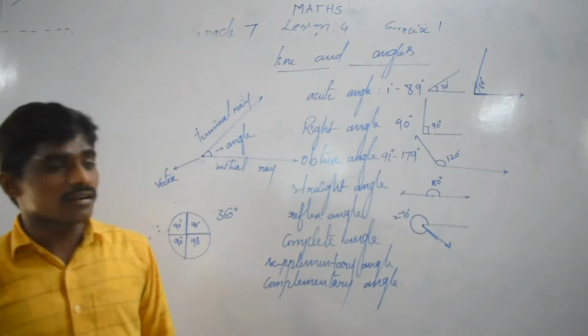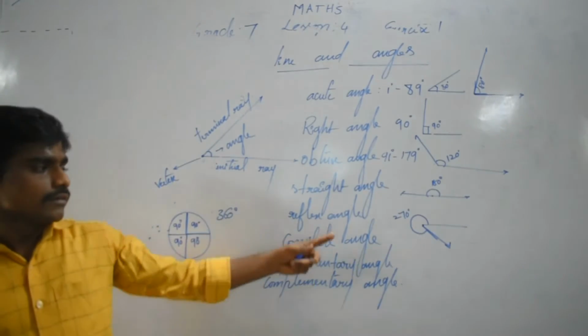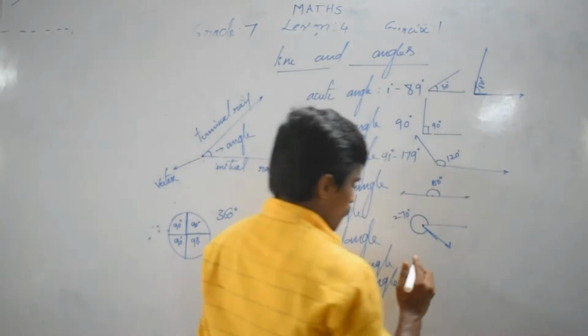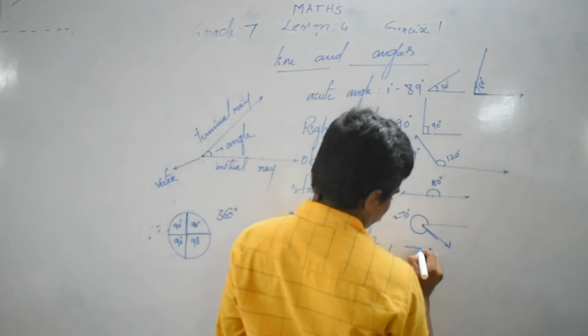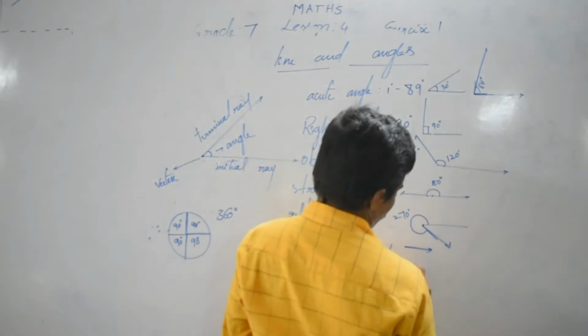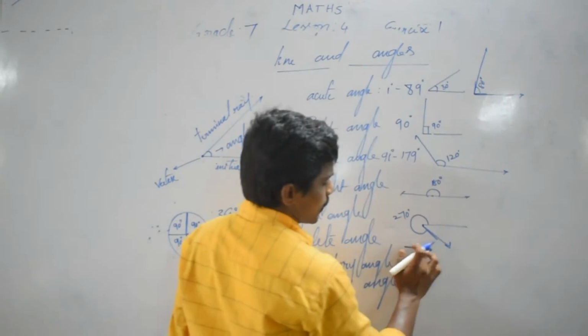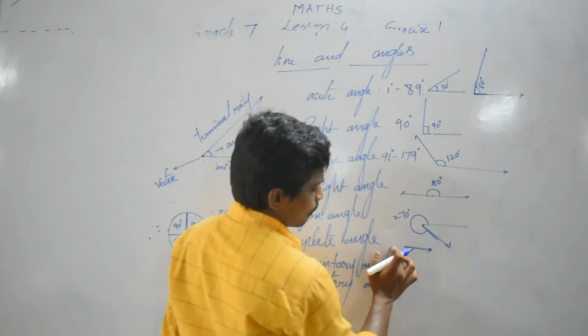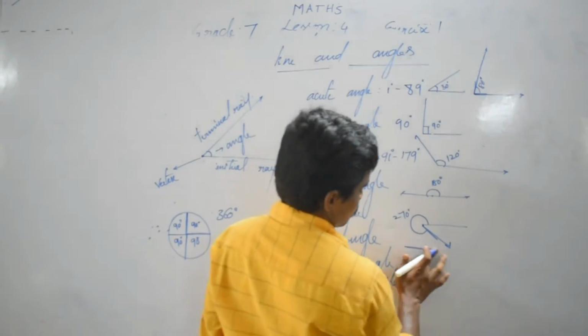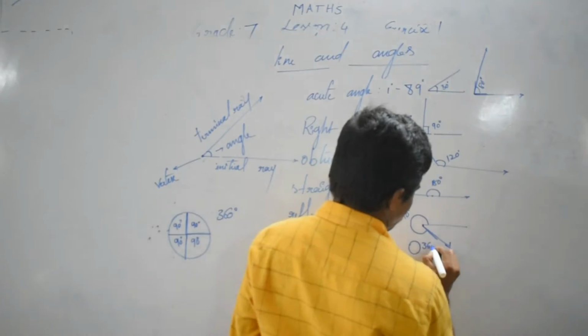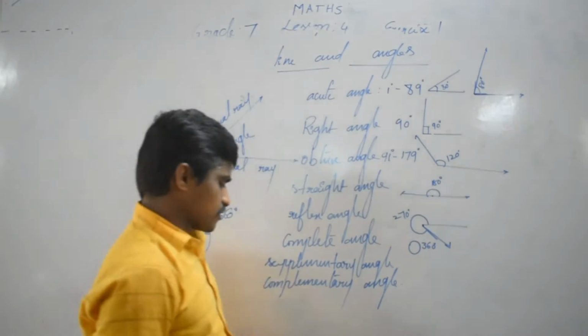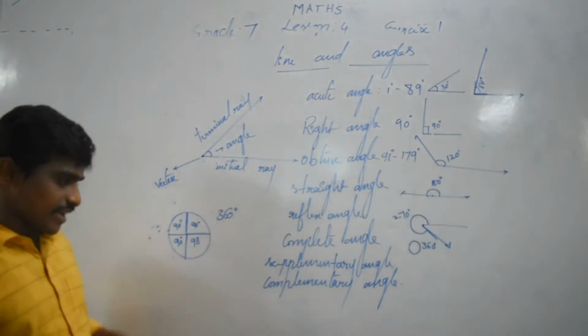The outer side is a reflex angle. Next, complete angle. This is a complete angle. Here see, 360 like a circle. 360 degrees. Next one, supplementary angle.